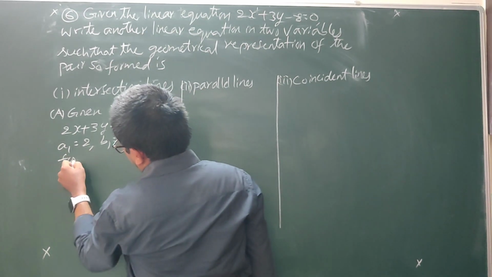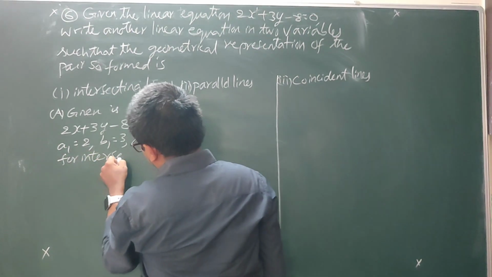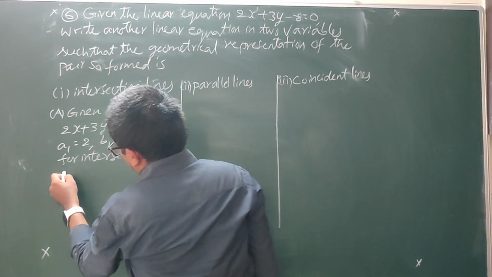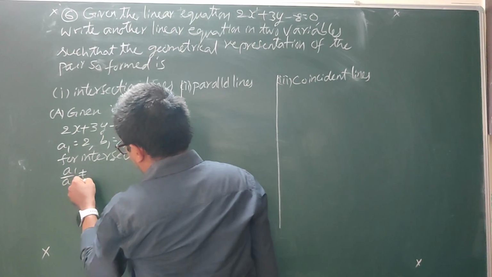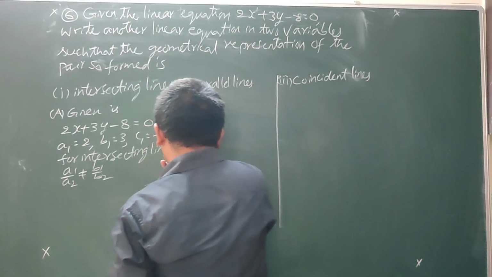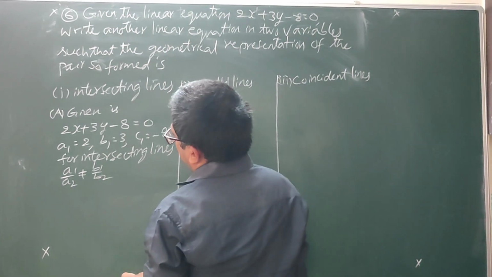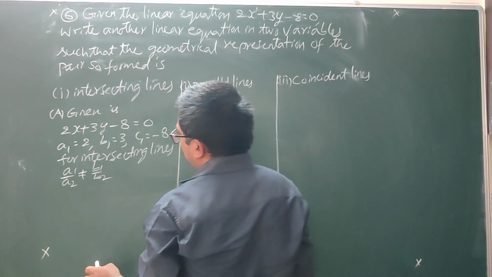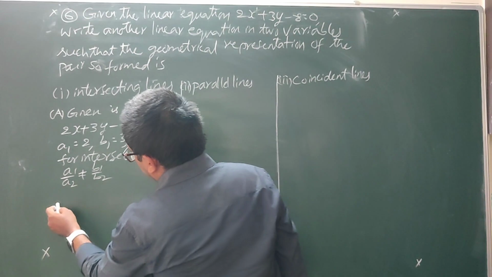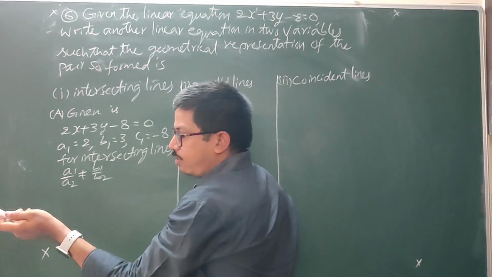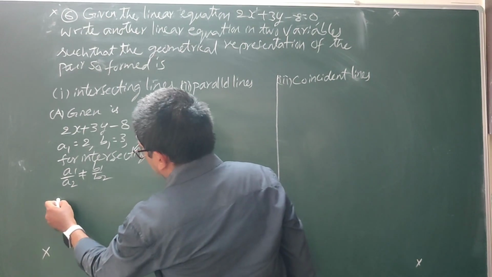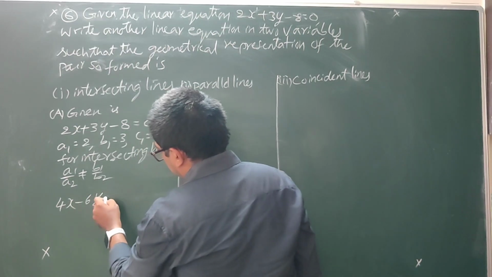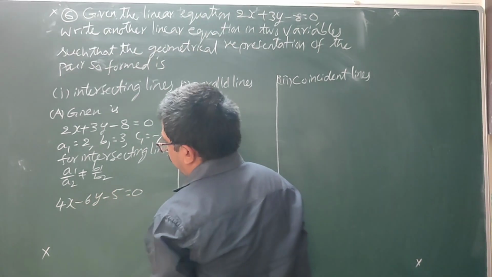So for intersecting lines, a1 by a2 not equal to b1 by b2. So it is enough to write an equation which matches with this condition simply. So I'm just writing. You can write your own choice even, matching these conditions. 4x minus 6y minus 5 equal to 0.